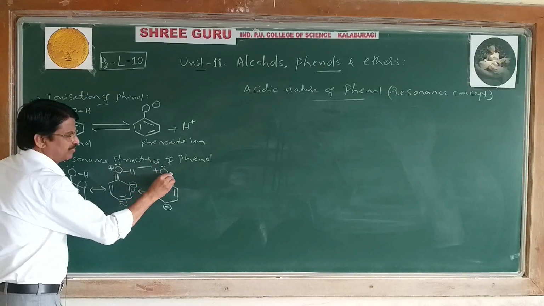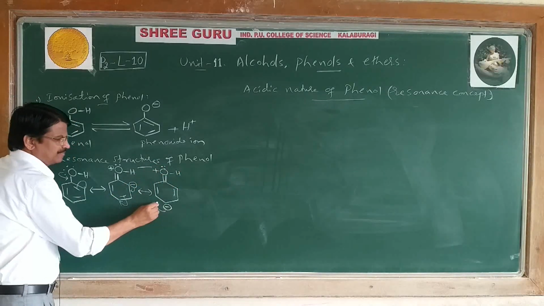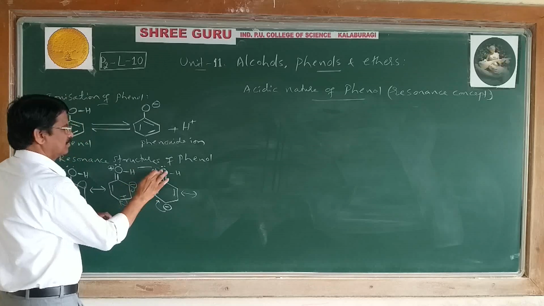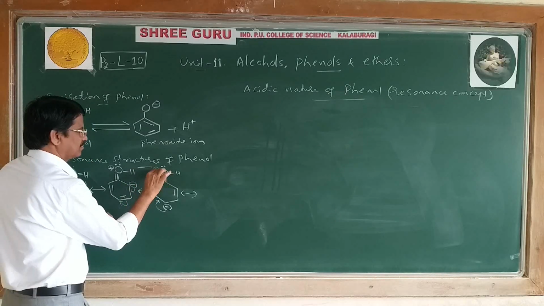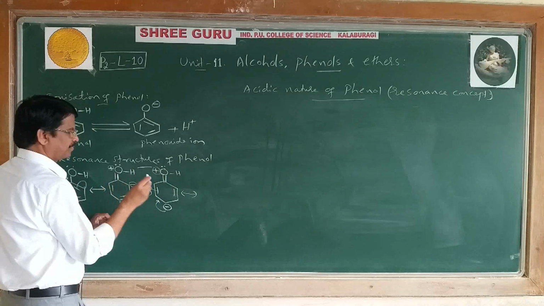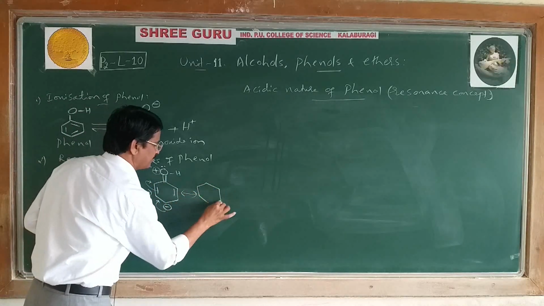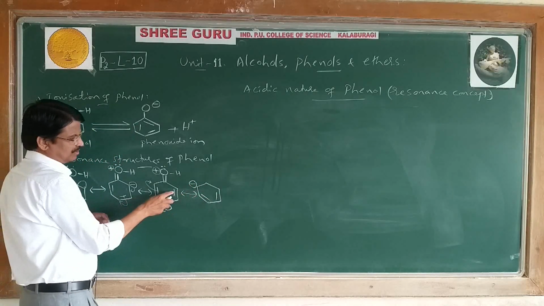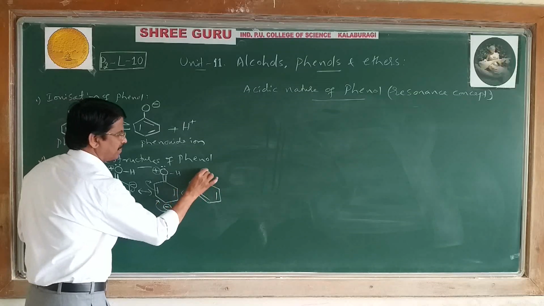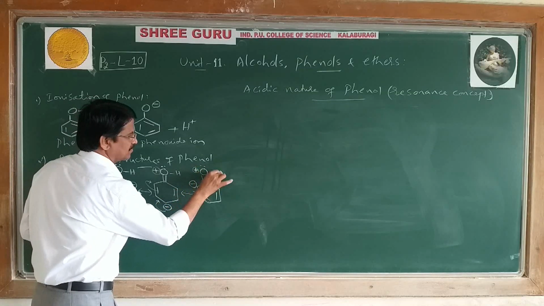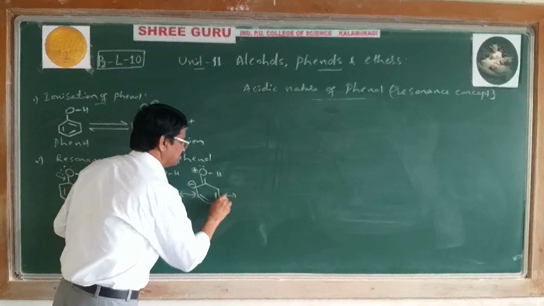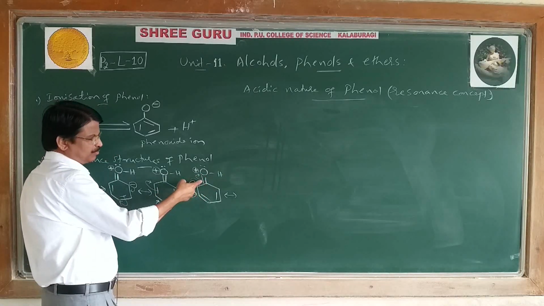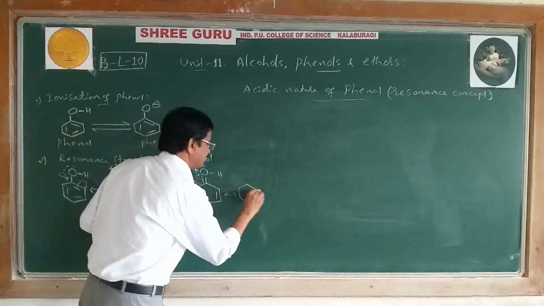O positive, H. Then the next possibility: here negative, this is positive, and a new bond, this bond the same. And finally, the bond shifts again, the pi bond shifts to O, and again we get phenol.